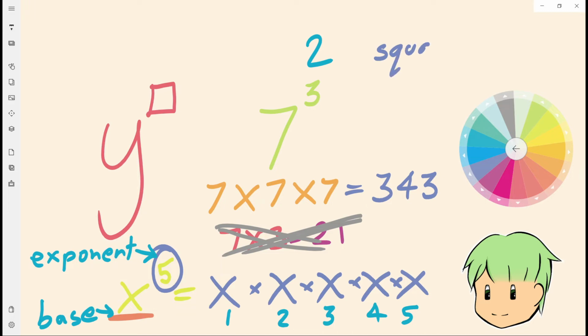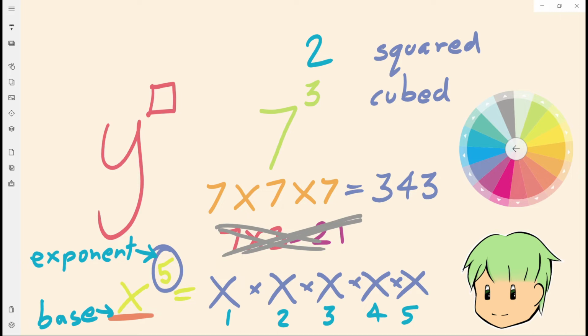When you multiply a number by itself 3 times, it is being cubed.